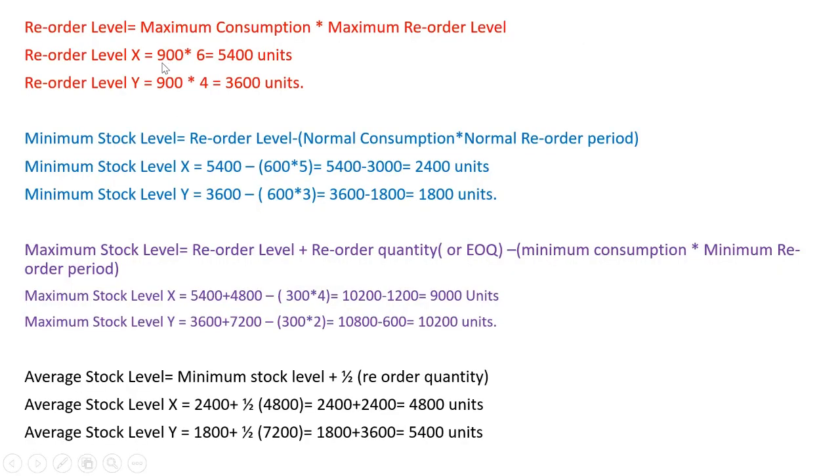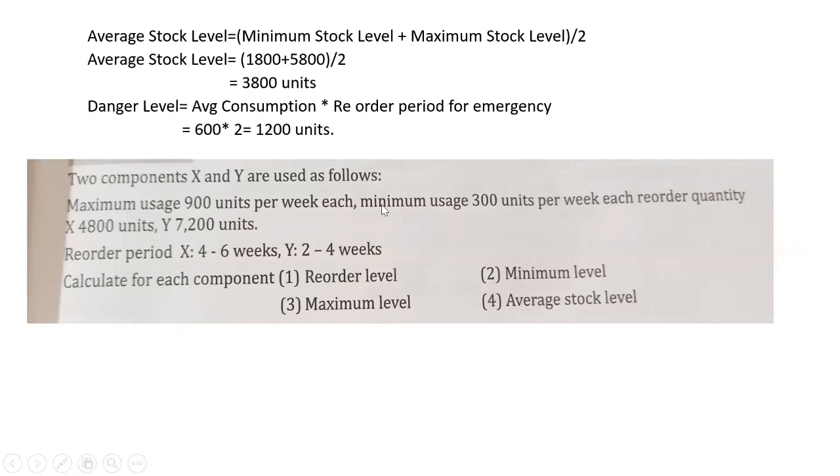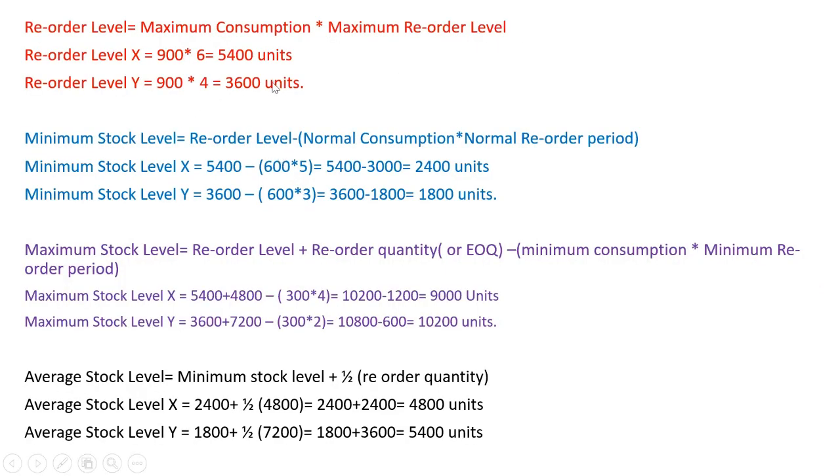So X: maximum consumption is 900, maximum reorder period is 6. So 900 into 6, 5,400. Reorder level for Y: the maximum consumption is the same, 900, but maximum reorder period is 4. So into 4, you will get the reorder level for Y also.